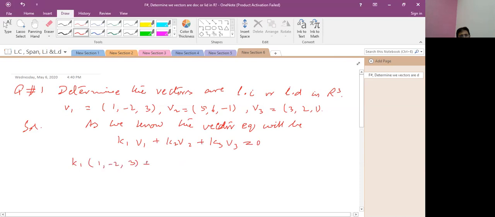We put here vectors V1, V2 and V3 respectively, because the vectors are in 3 dimensions.